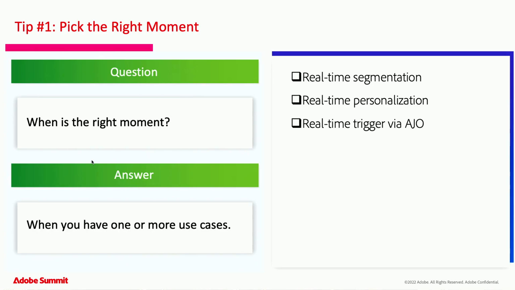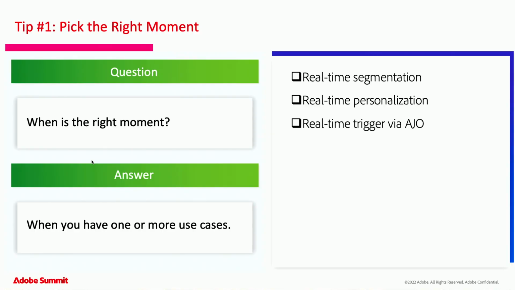Also, real-time trigger via AJO. AJO is Adobe Journey Optimizer, and what this allows for, and I had a session on this just yesterday, is a use case where something happens on your site.